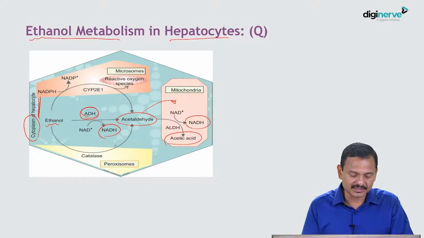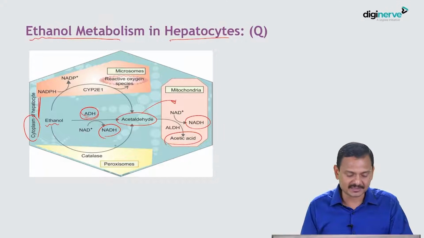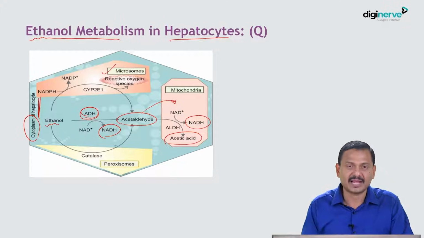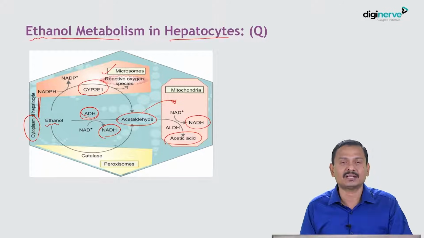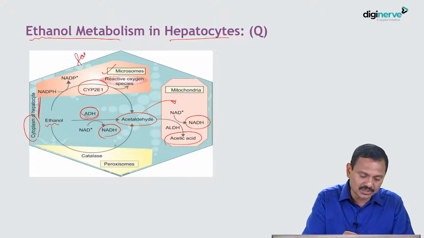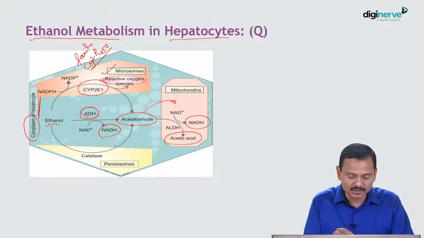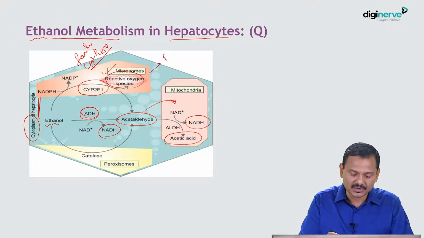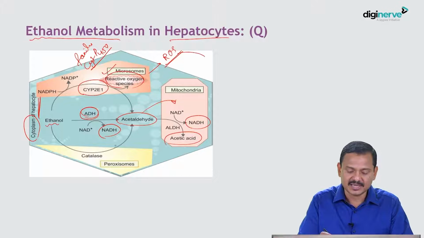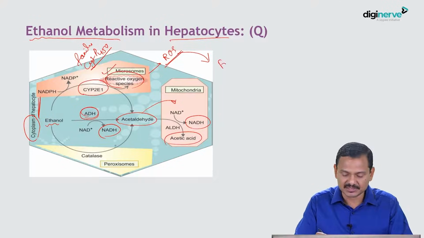In addition to that, while this metabolism happens, there is also microsomal activation, and this microsomal activation through CYP2E1, which belongs to the family of cytochrome P450 enzymes, will cause release of reactive oxygen species, and these reactive oxygen species will cause free radical injury.